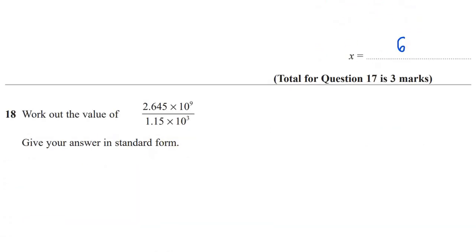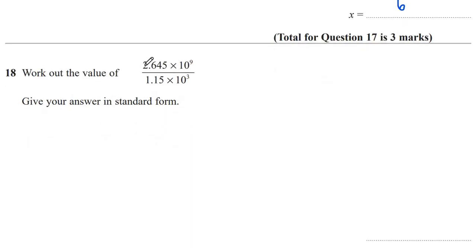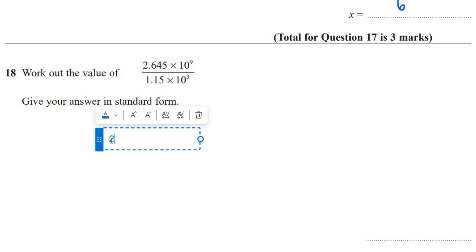Okay, and then here we have another question that involves the use of calculator. So you multiply the top two numbers, and then you multiply the bottom two numbers, and then you have to divide the top product by the bottom product. And you are going to get something like this: 2, 3, followed by 5 zeros.